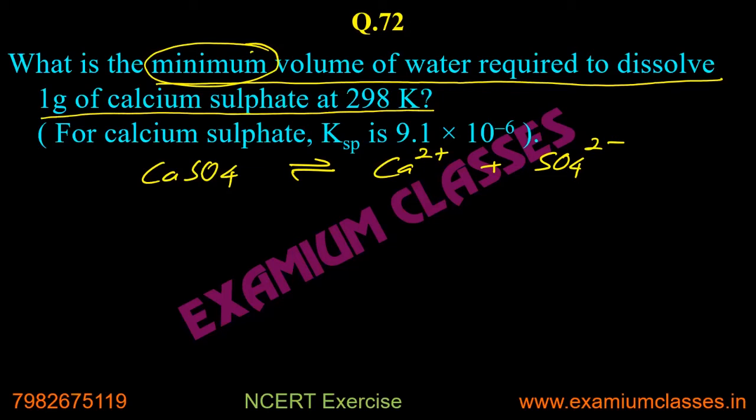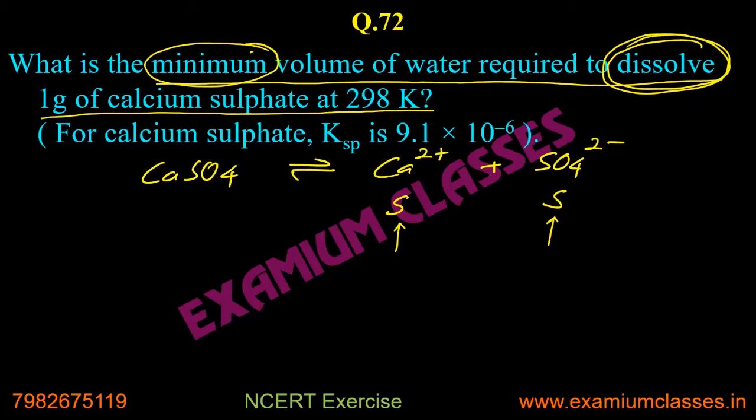So if KSP is given, you can calculate those concentrations which are at equilibrium. It cannot dissolve more than this. If you try to add more, it will get precipitated, but it will not get dissolved. So this is the maximum concentration. S is the maximum concentration which you can dissolve.